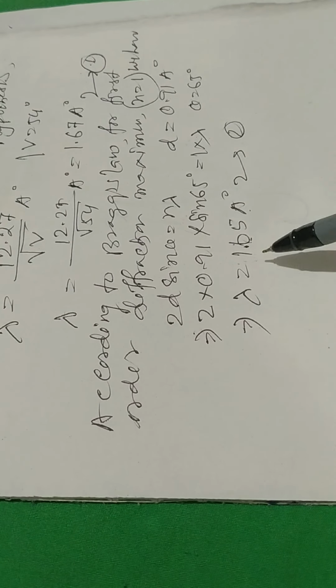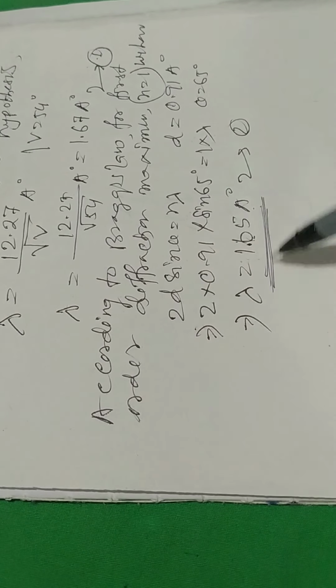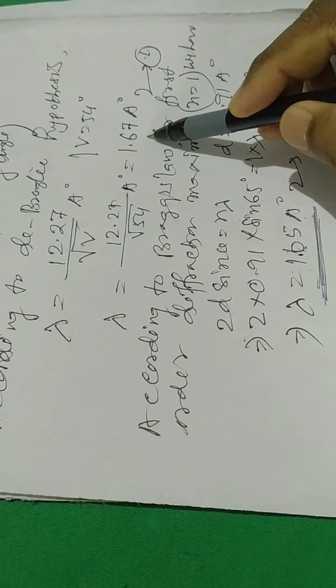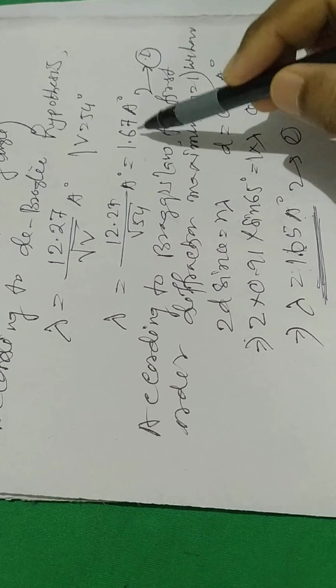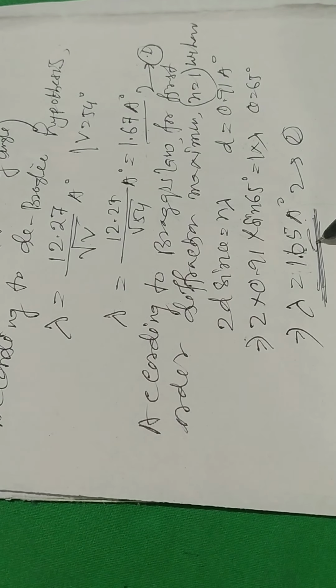So the Davisson-Germer experiment provides direct verification of the de Broglie hypothesis of the wave nature of moving particles. The de Broglie wavelength of the electron we are getting is 1.67 angstrom, and this value is close to the other value.